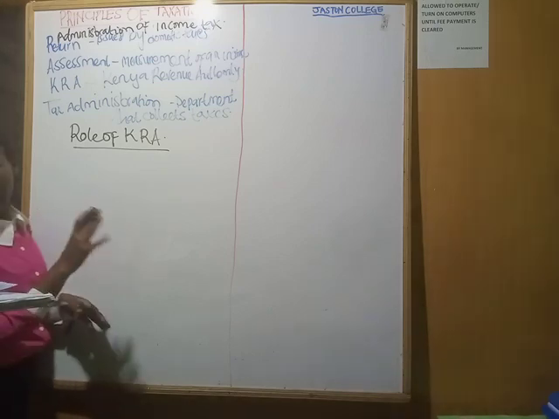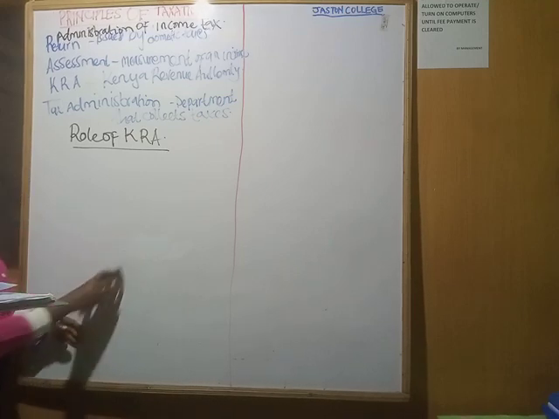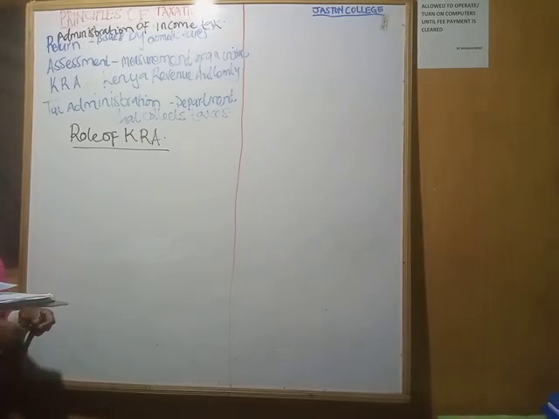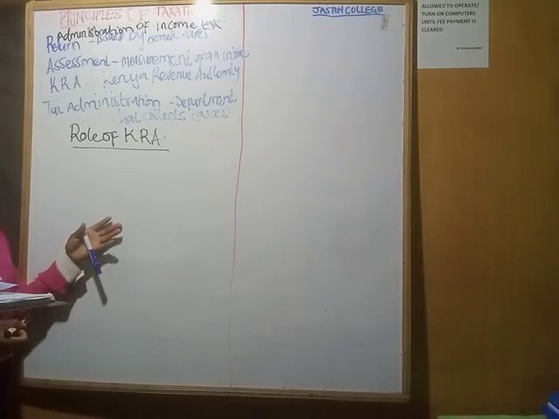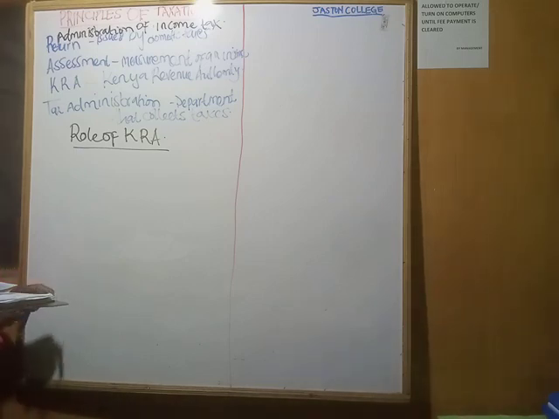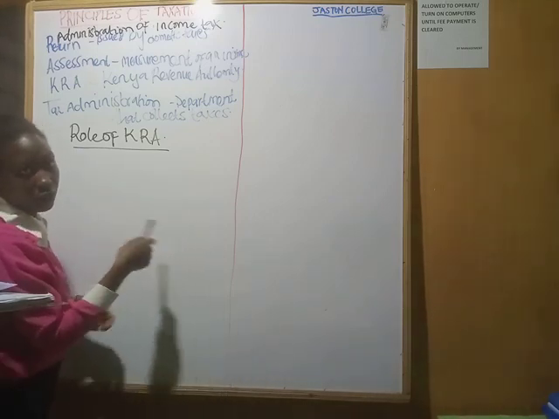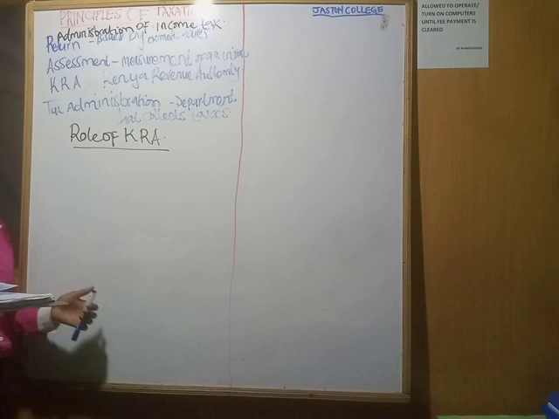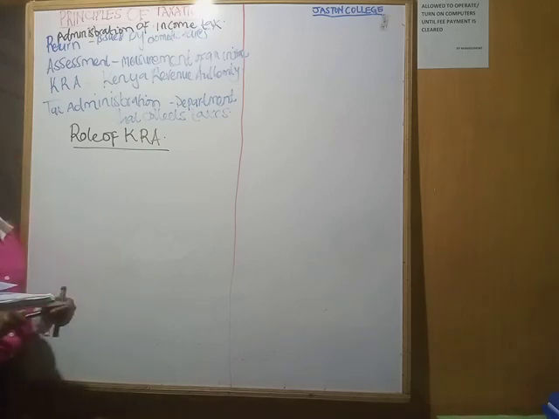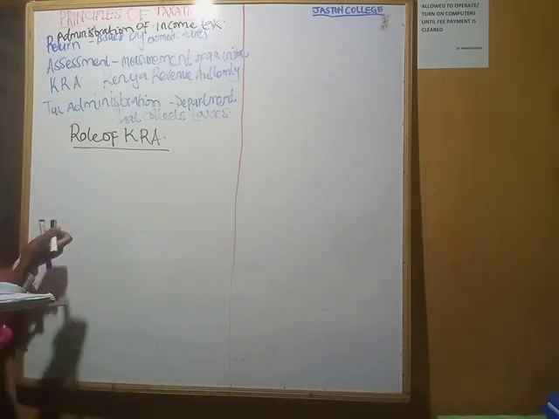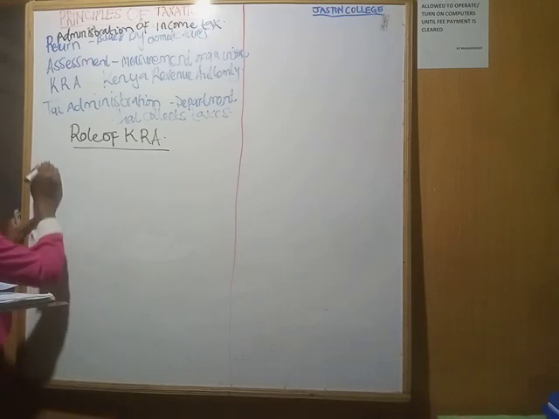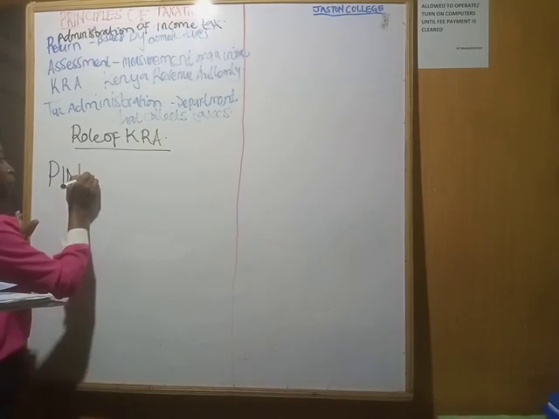So those are the roles of the Kenya Revenue Authority, an organization that assists in the collection of revenue in the country. We also have, we are going to learn about the PIN in income tax.